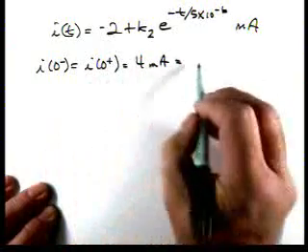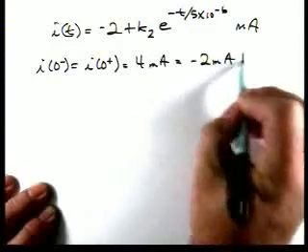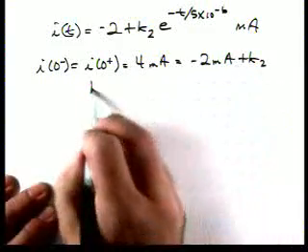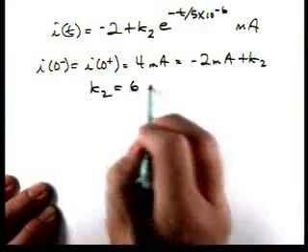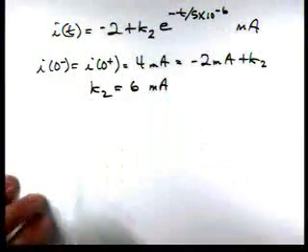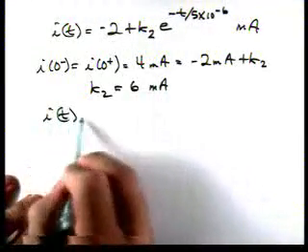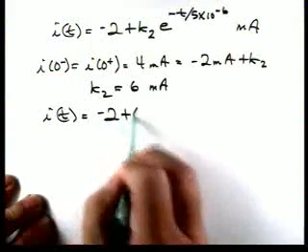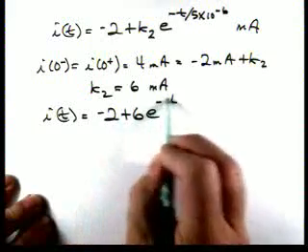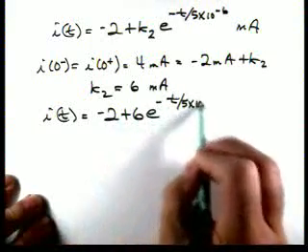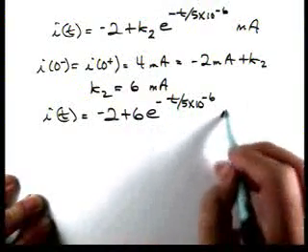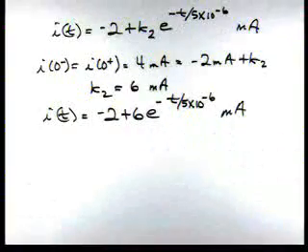And that's minus 2 milliamps plus K2. So it says K2 is equal to 6 milliamps. So i(t) is minus 2 plus 6 e to the minus t divided by 5 times 10 to the minus 6 milliamps. Now let's plot it.